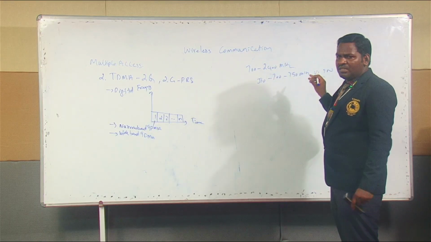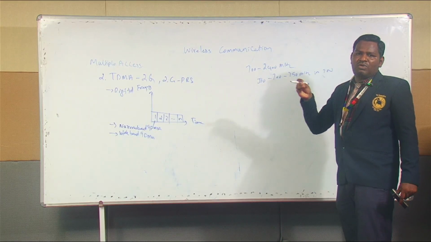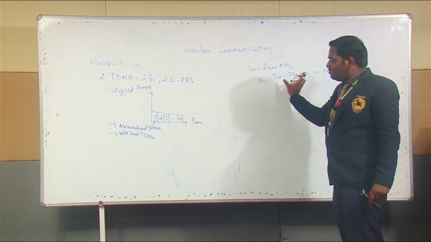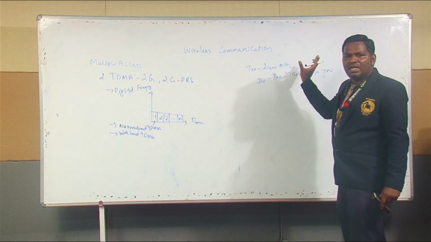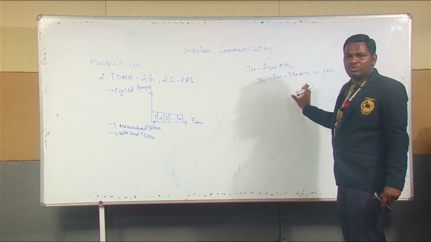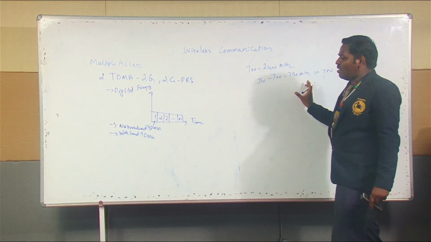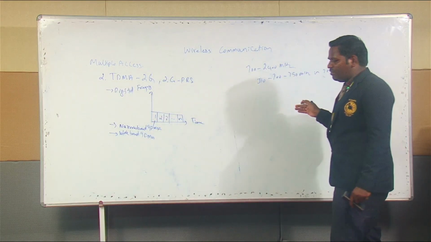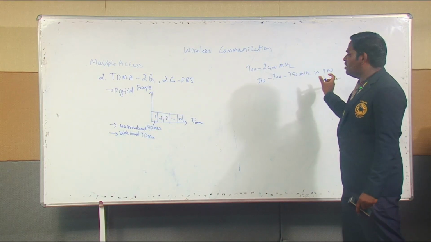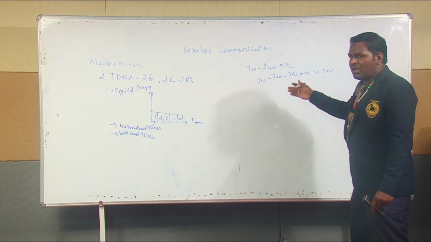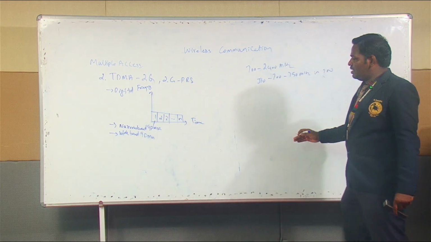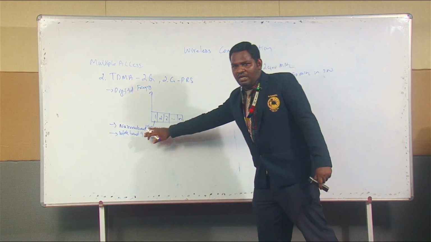Depending upon my requirement, I can use the entire band, that is the entire 50 megahertz. If I use the entire 50 megahertz for all the users during a particular slot, that comes under wideband TDMA. But if my requirement needs only 10 megahertz, and this 10 megahertz is shared among the different users, that comes under narrowband TDMA.